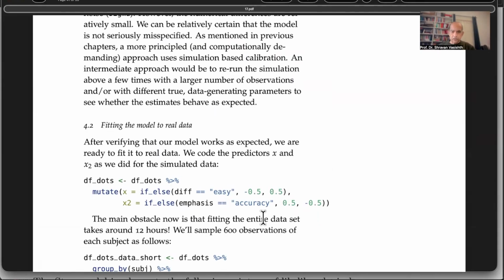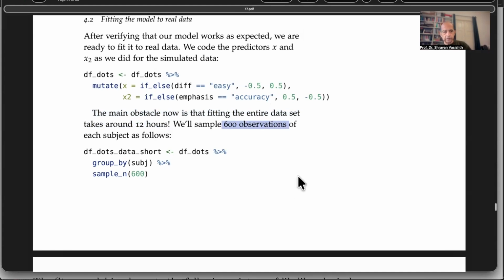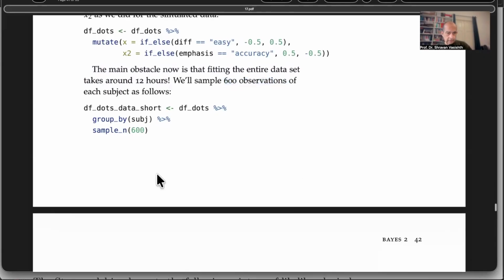So we set up the contrast coding just like before, and the main problem that we will now face is the data are not sparse and the model is complex, so it could take a while before you can fit these models. So in order to just illustrate what's going to happen, we just take 600 observations from each subject, and that proceeds like this.